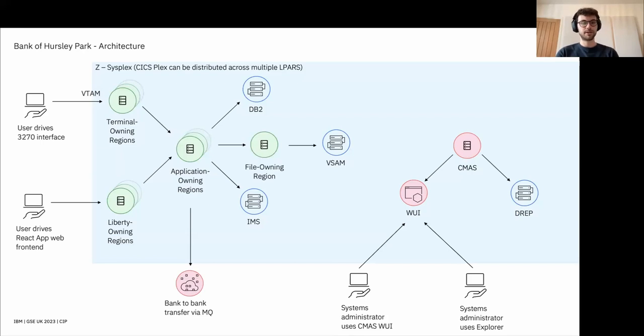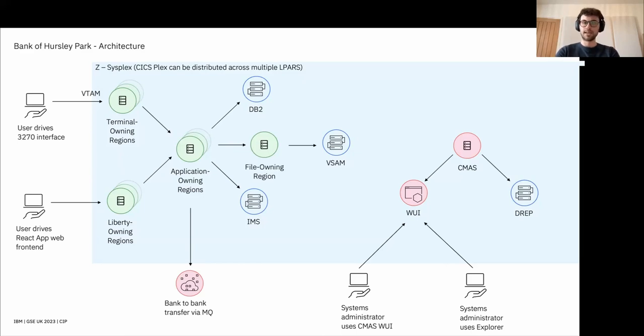So the Bank of Pursley Park has got two main interfaces. We have got a 3270 terminal interface, which can talk via VTAM to terminal owning regions. And we also have a React app, a front-end web user interface, which can be used to interface directly with the bank.